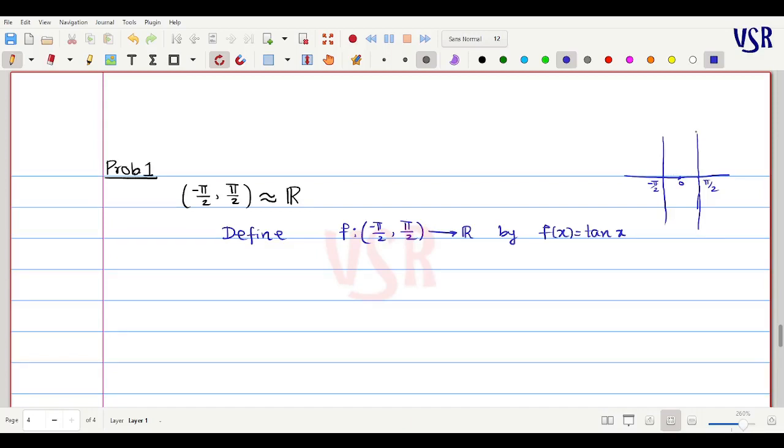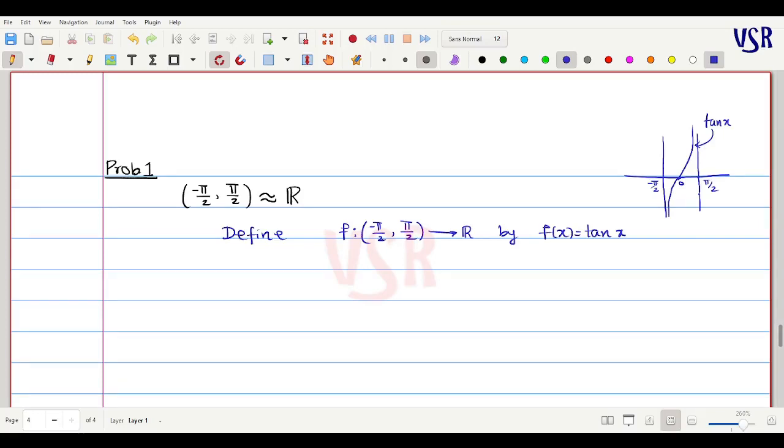So it keeps going like this but does not touch. It does not touch, but we will have this as the function. So this is my tan x.